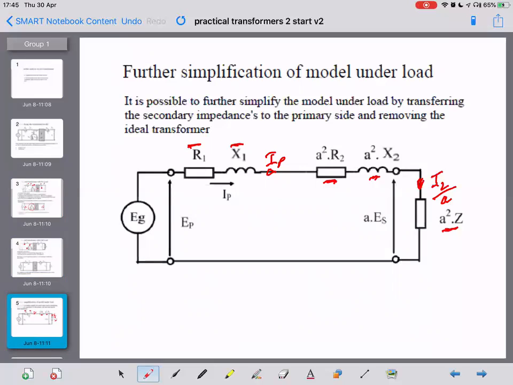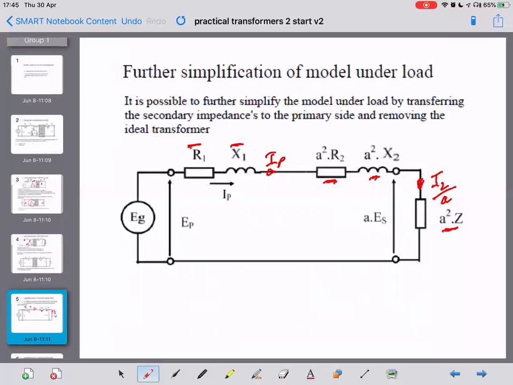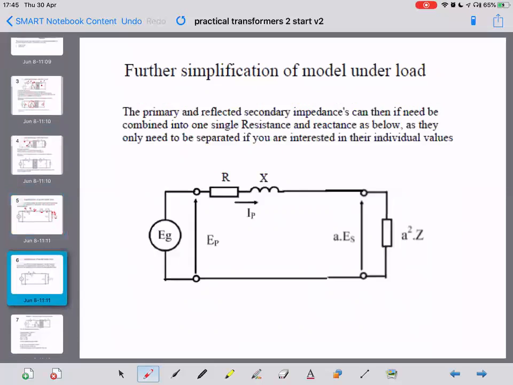Yeah, that's right. Good. So then what we can do is, from the model on the previous page, we can combine the two values of R and combine the two values for X into one R and X in series. So the primary and reflected secondary impedances can then, if need be, be combined into one single resistance and reactance.